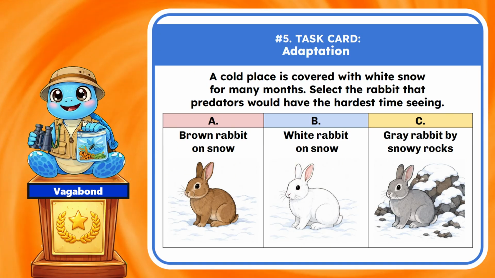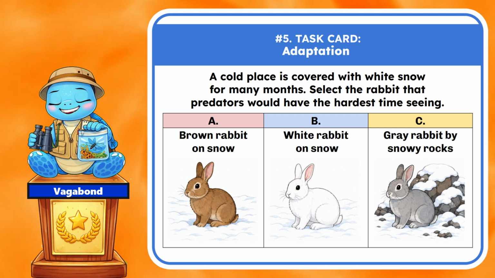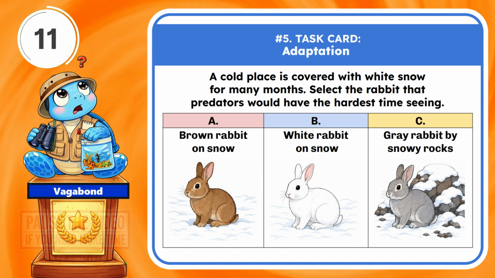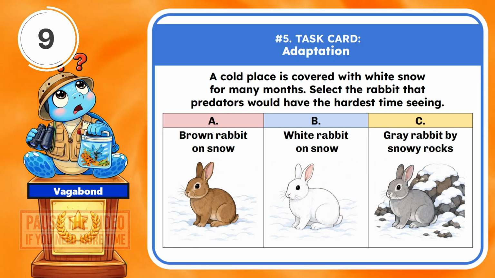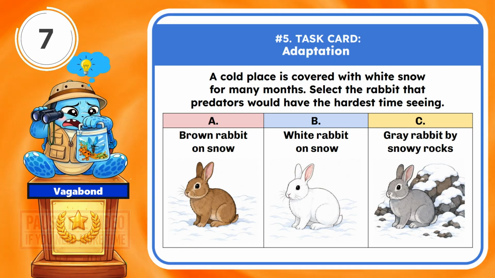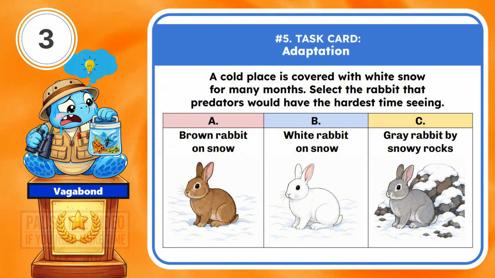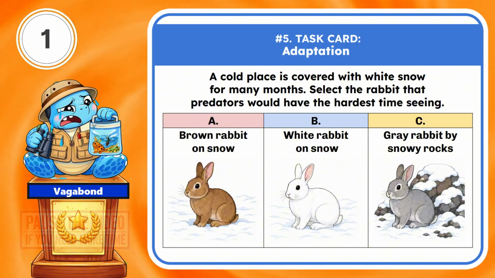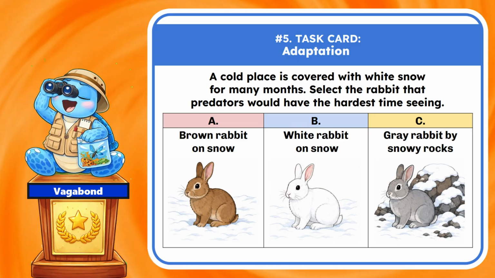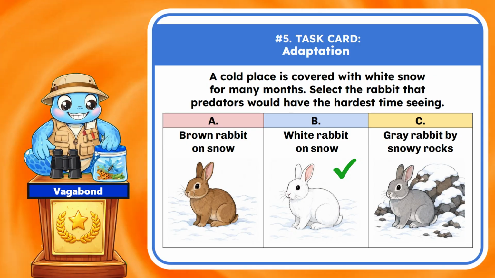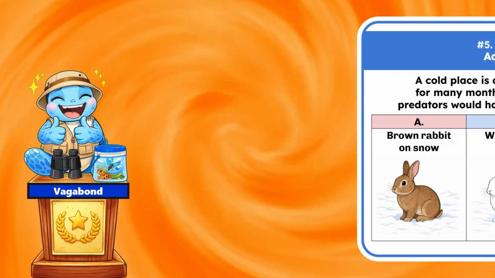Select the rabbit that predators would have the hardest time seeing. And the correct answer is letter B, white rabbit on snow.